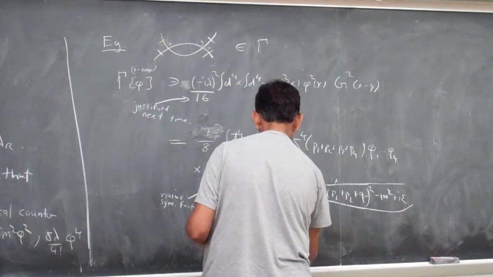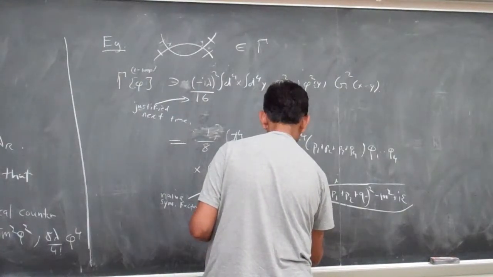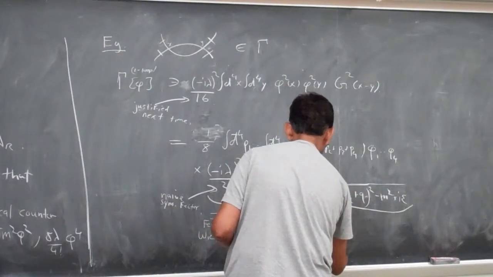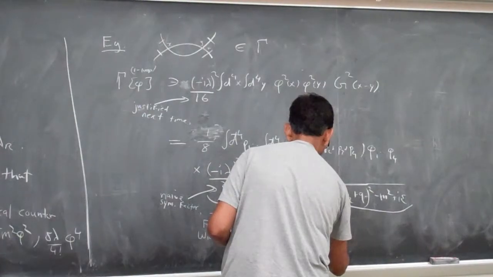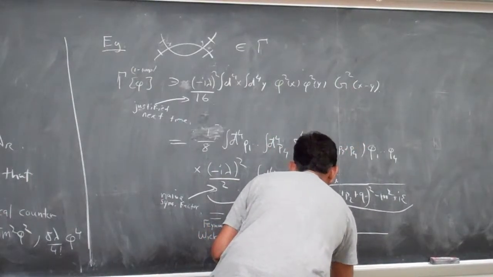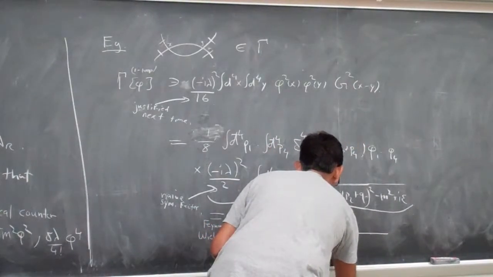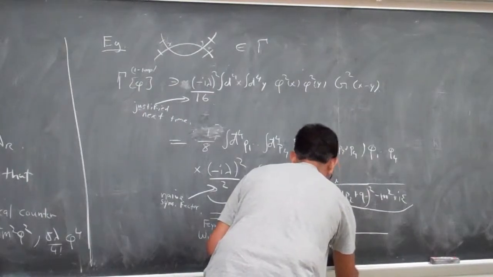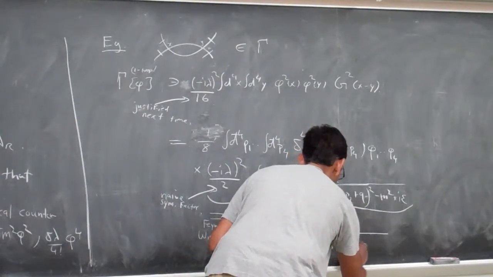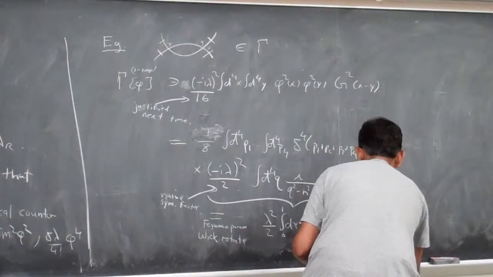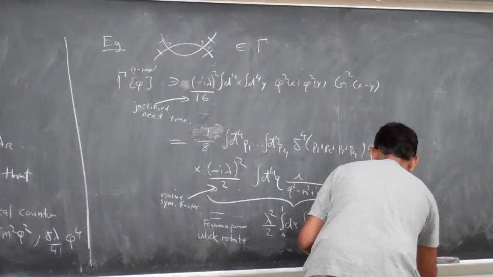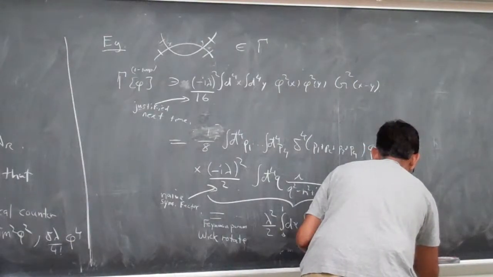We get lambda squared over 2, integral over the Feynman parameter, and then integral over this Euclidean momentum Q. And here it's Euclidean Q squared plus M squared times 1 minus x, and then plus P plus Q squared x plus M squared x.